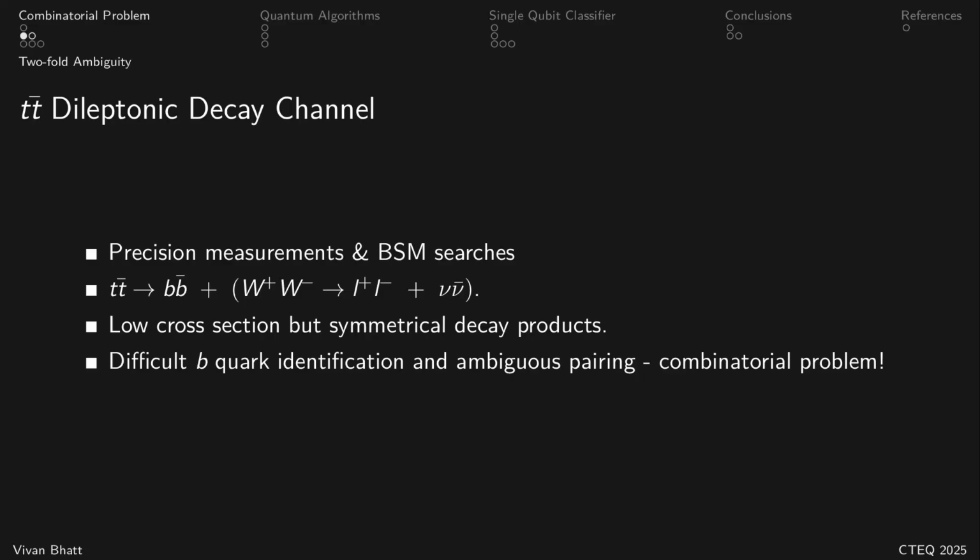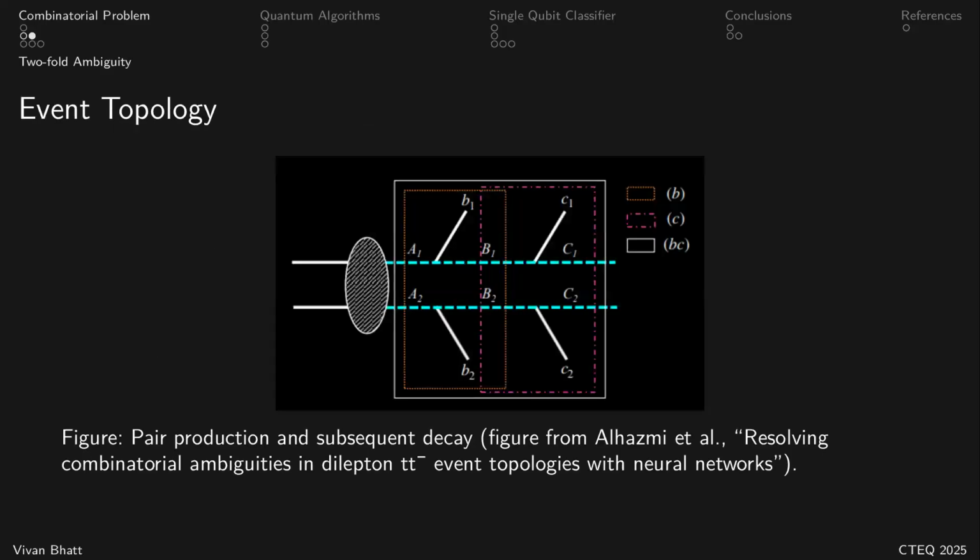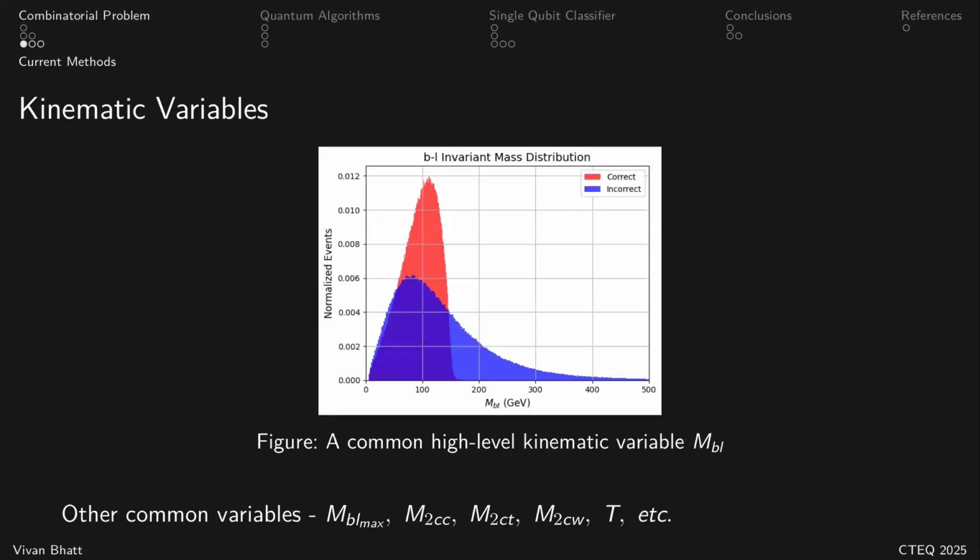Now we can't identify the correct combination of the b and l, like you have b1, l1, b2, l2, and pairing them up properly is not as trivial a task as it might seem. There are a lot of cuts, based on momentum information, on geometrical distance, and using the rapidity and so on, that do help us figure out which is the correct combination.